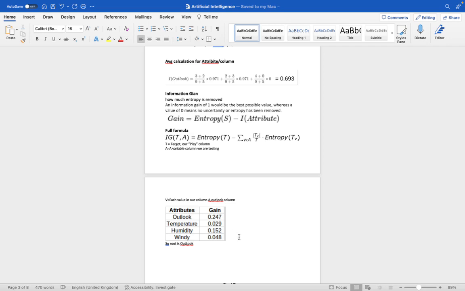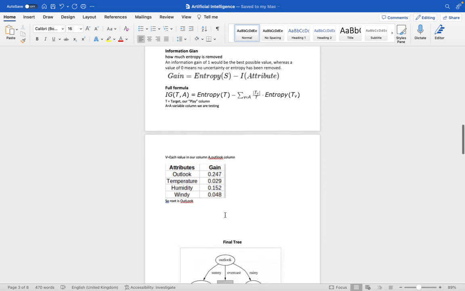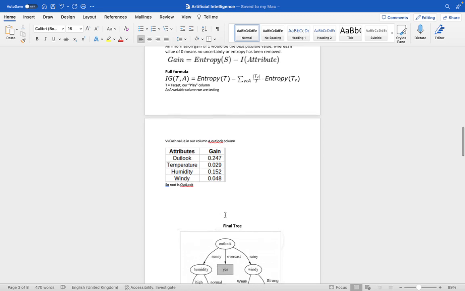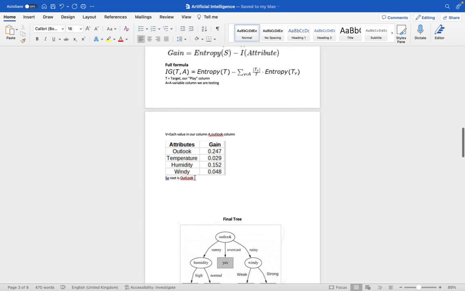As I said, we pick the attribute that has the highest gain. So our highest gain is about 0.25. That's why this is our parent node, the information we have gained as much as we can. So the root node is outlook.